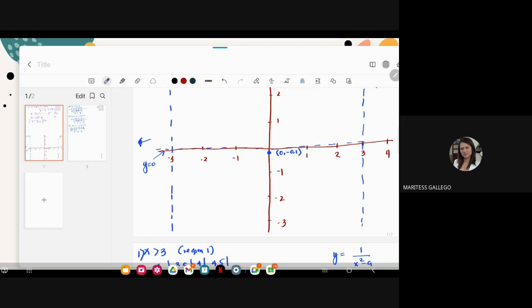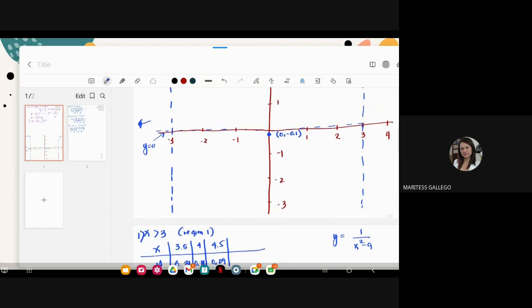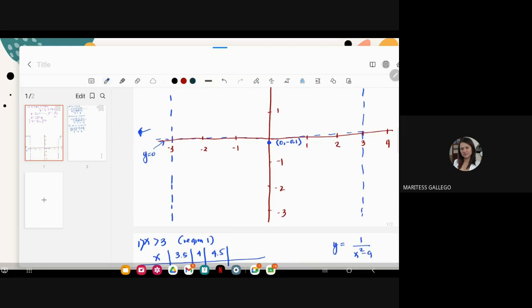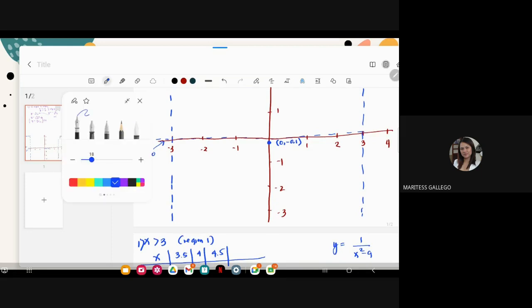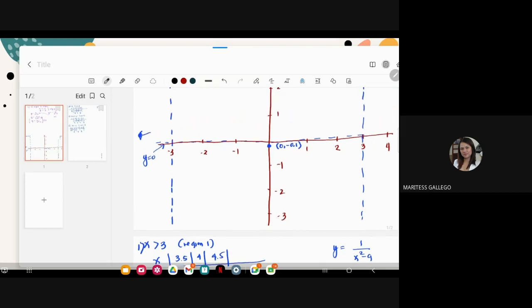Okay, so let's start with your 3.5. Nasa 0.3 daw siya. Y. Okay, so 3.5 y is 0.3. So ang y natin, 0.5 yan.